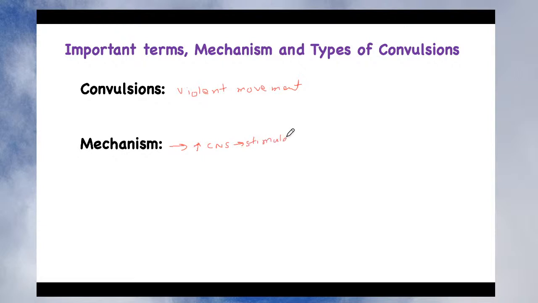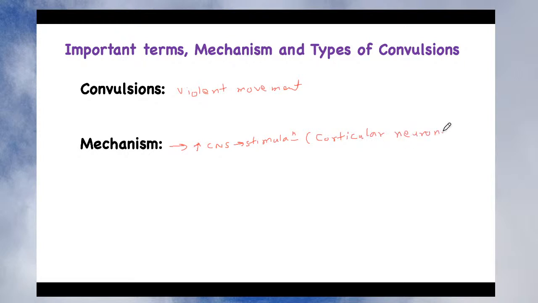Excessive stimulation of the central nervous system, and if you try to relate it with a specific part of the brain, the part of the brain involved is basically the cortical neuron.